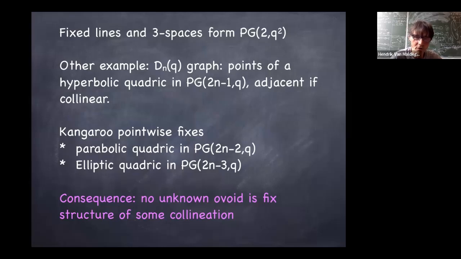So don't look for new ovoids by examining automorphisms. That's the moral here. Okay, so remember that consequence. That's why I put it in purple, because I will use it in a minute.